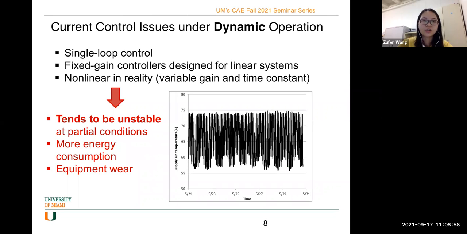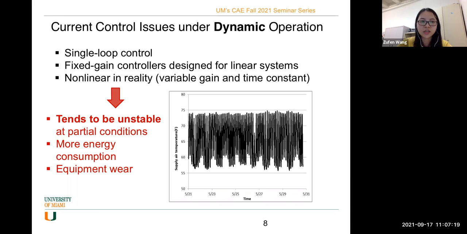So the current control issue under dynamic operation conditions is that the system is designed as a single loop control system with fixed gain controllers designed for linear systems, but our control systems are nonlinear with variable gain and time constant.